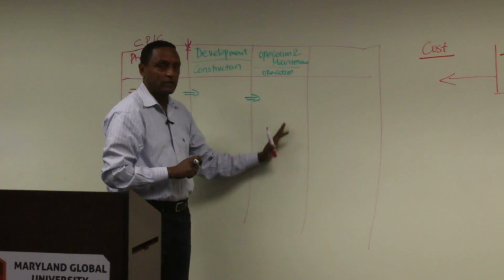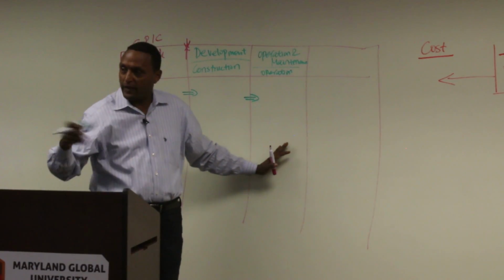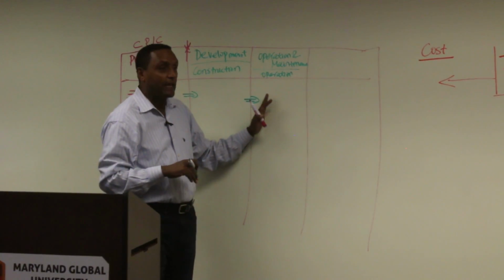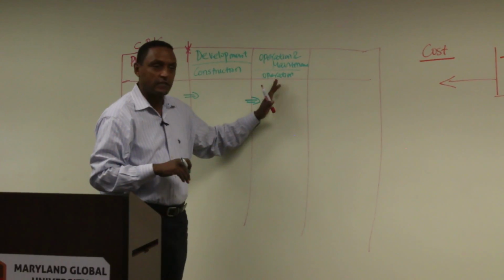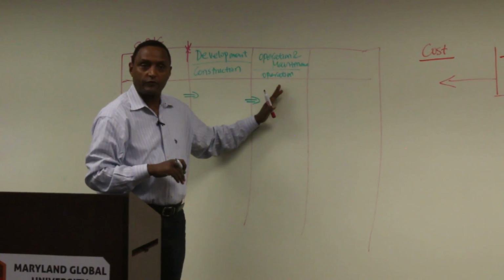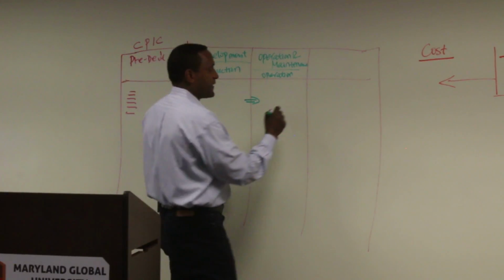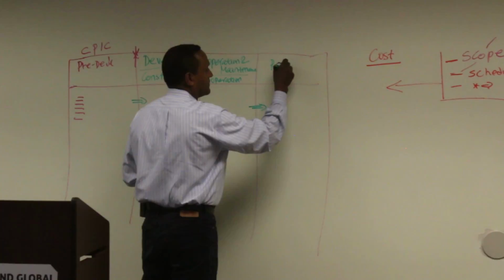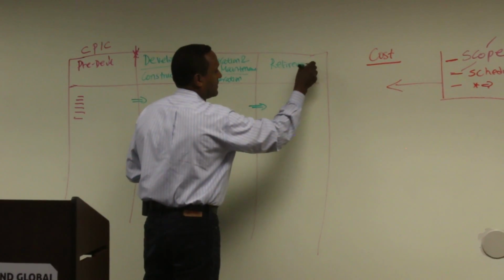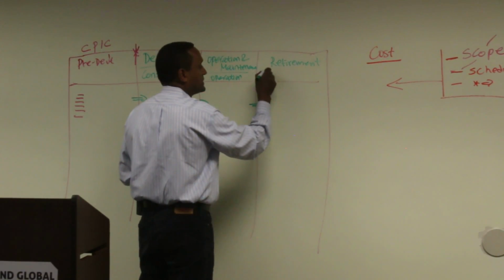You use this depending on the life cycle of that system, and then when it's ready for you to say, okay, this system is almost done, I have to move on, then the next phase is retirement, or sometimes it's called transition.